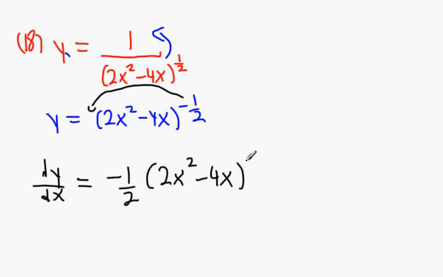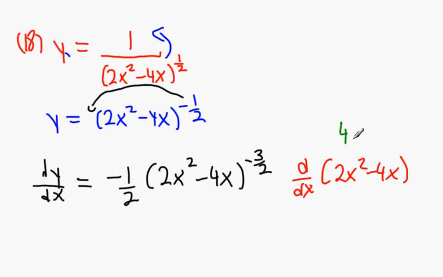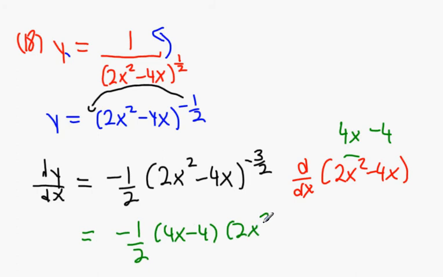And then finally, the hidden part is we're going to differentiate what's in the bracket. When you differentiate what's in the bracket, what do you get? 4x minus 4. So now it's going to be minus a half times (4x minus 4) times (2x squared minus 4x) to the power of minus 3 over 2.